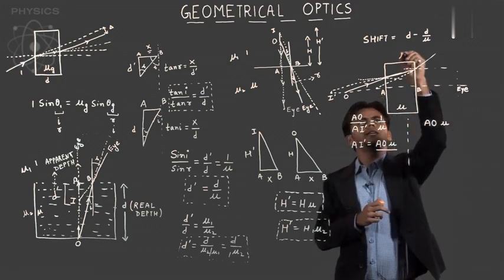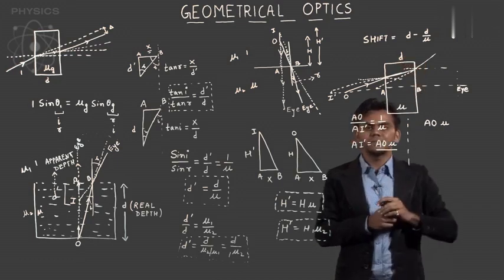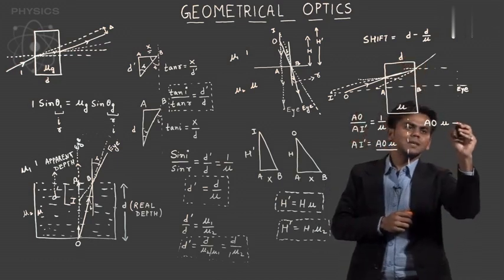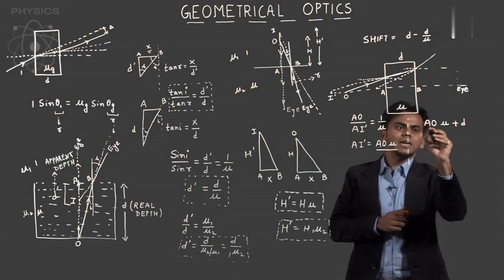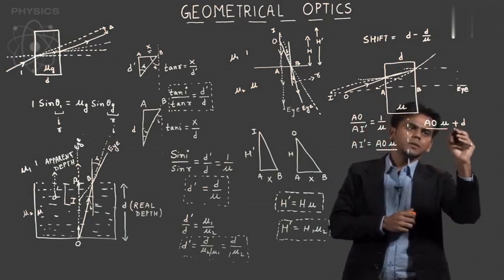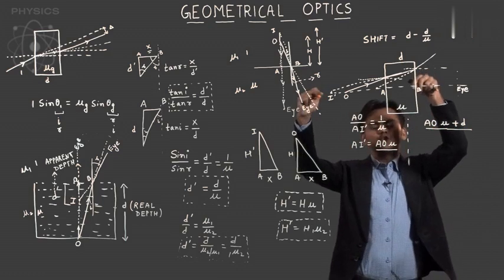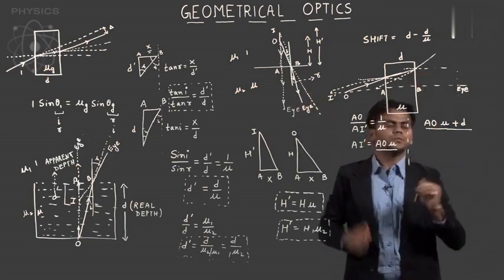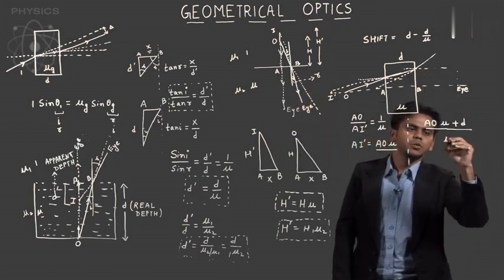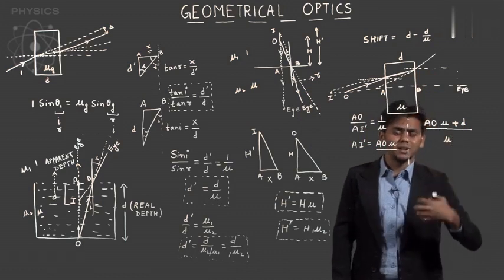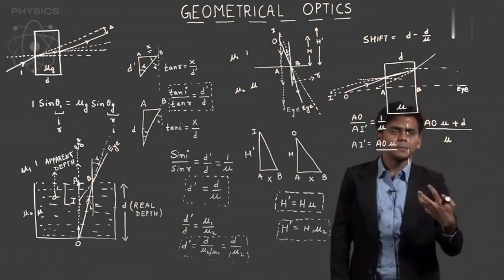If D is the thickness of the glass slab, so plus D. So AO times mu plus D gives you the actual depth. This upon mu would give the apparent depth, right?